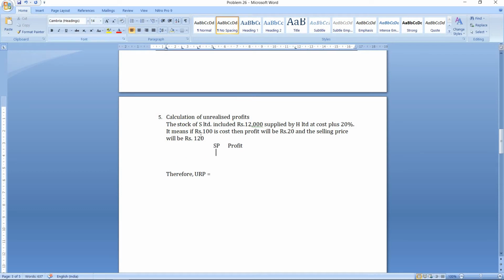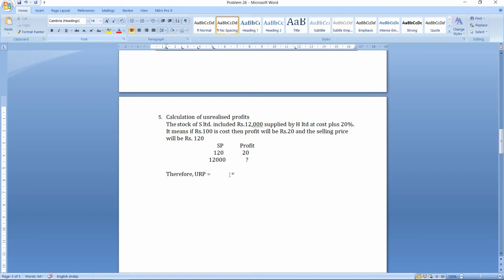So for our understanding, we can have it like this. If the selling price is 120, then the profit is 20. So if the selling price of the goods was 12,000, then how much was the profit included in that?